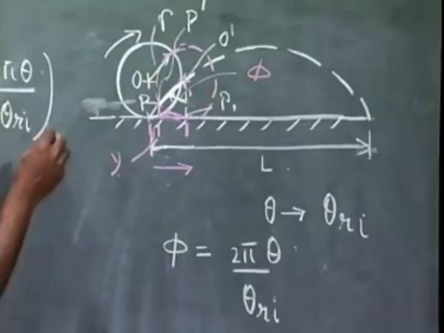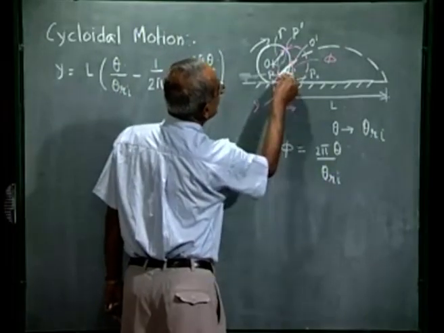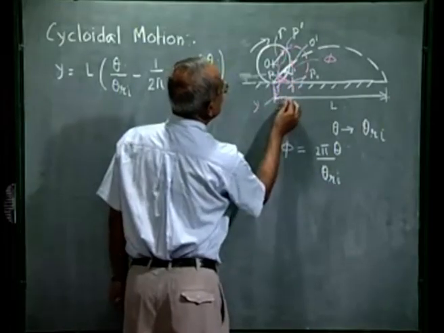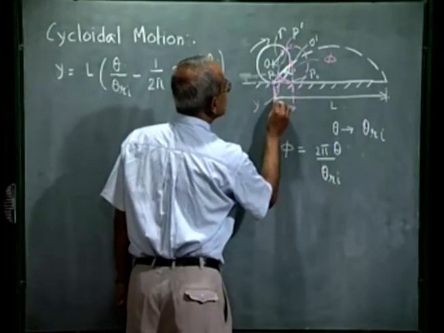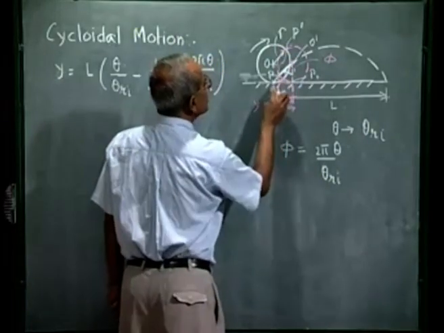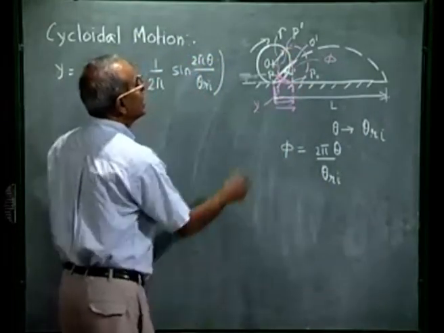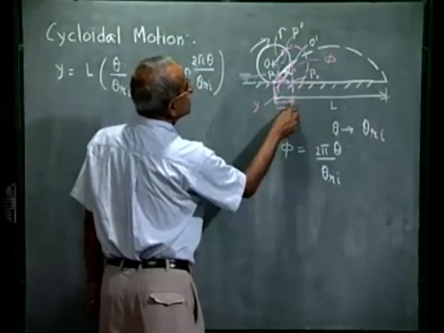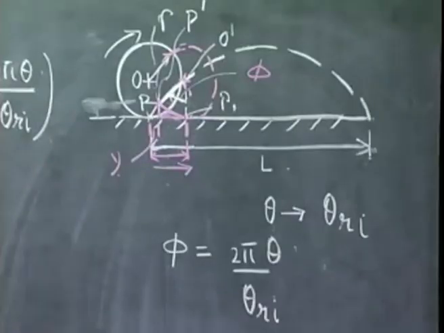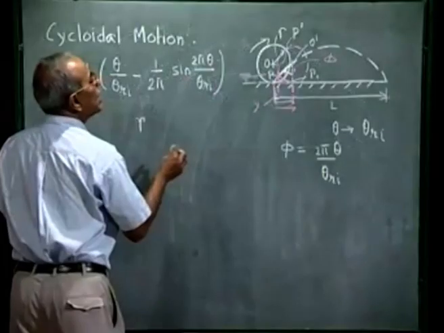Now, because the wheel is rolling without slipping, this arc length on the wheel is the same as this distance, the distance covered by the center of the wheel or the distance covered on the road. And what is this arc length? If the radius of the wheel is r, then it is r into phi.